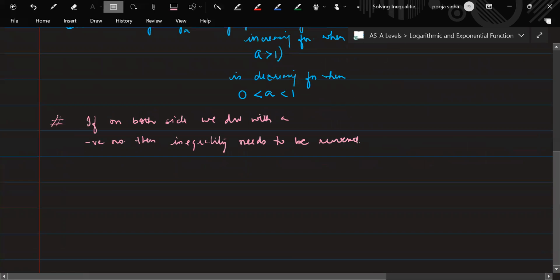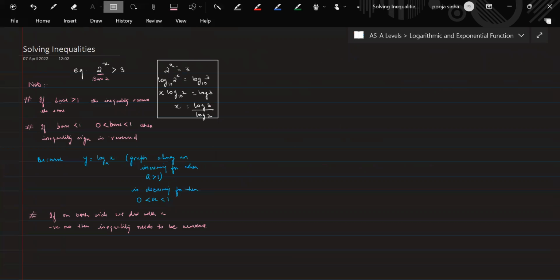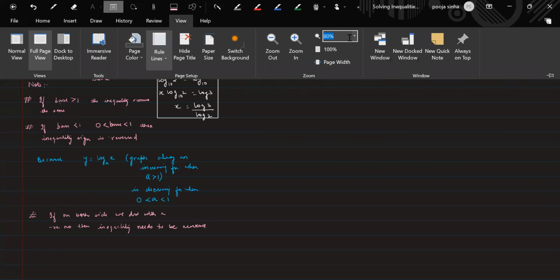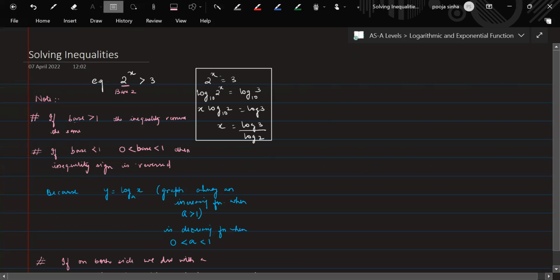I hope this part is clear. Yeah. These are the rules. Okay. This part is clear, Aditi?